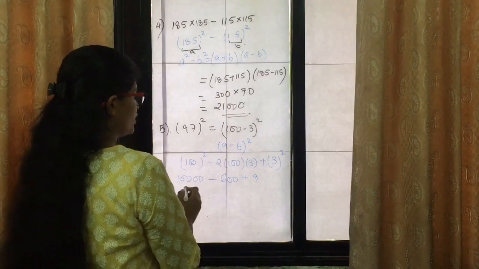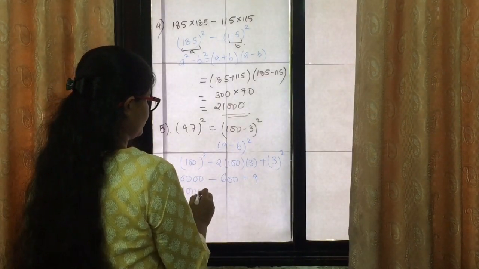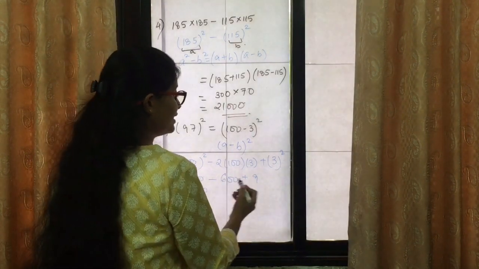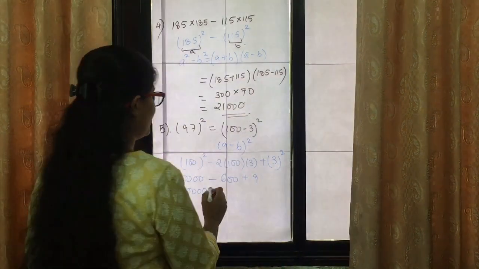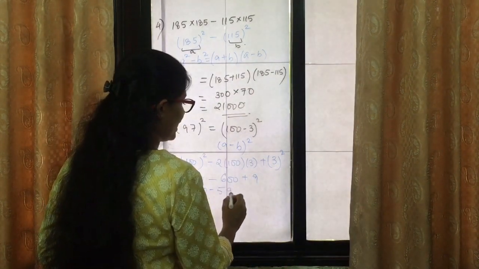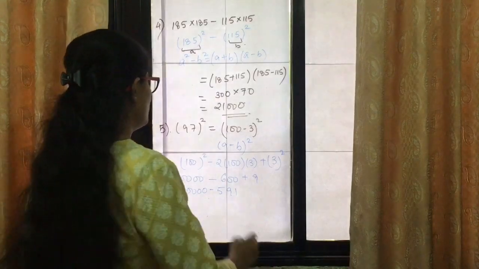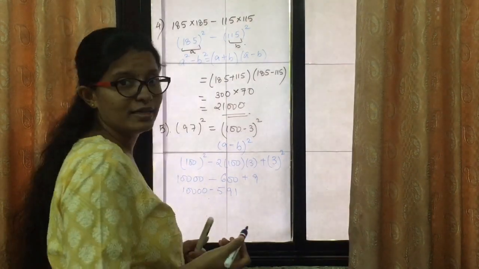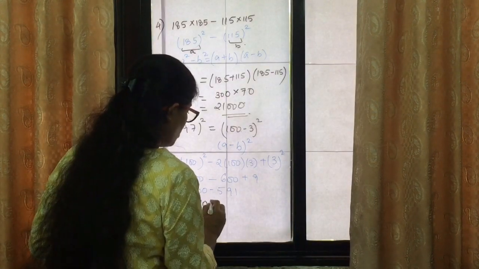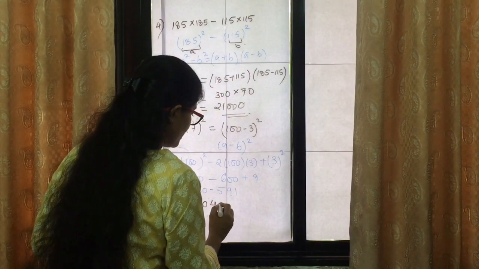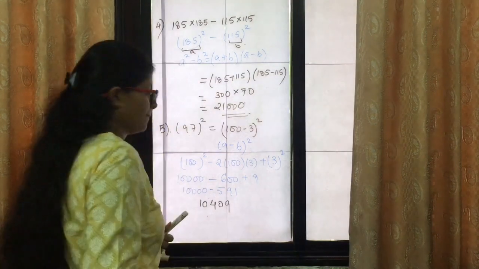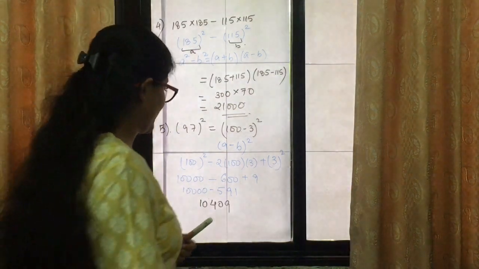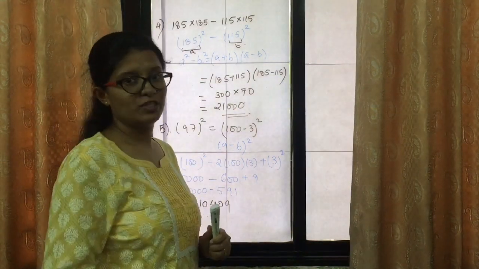Now 10,000, minus 600 plus 9 will give you minus 591. Now subtract: 10,000 minus 591 will give you 9409. Such a type of question must be clear.